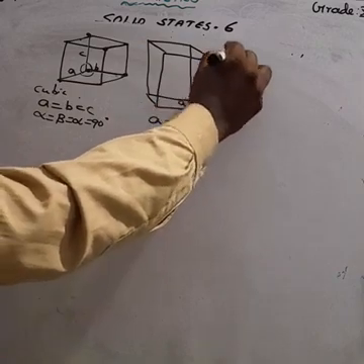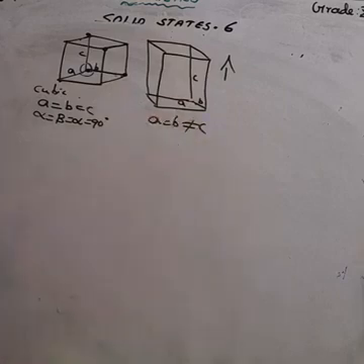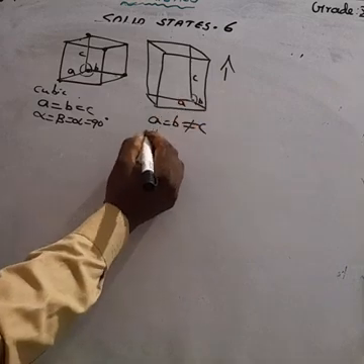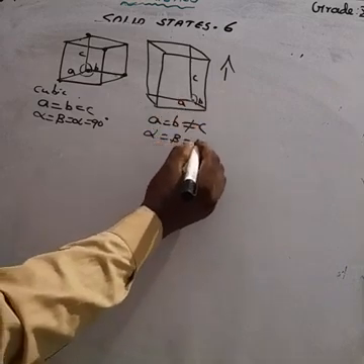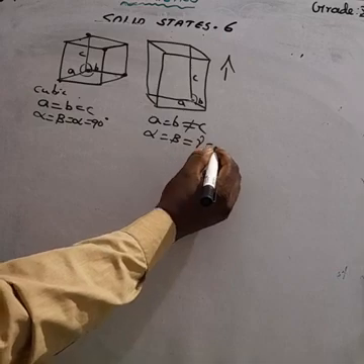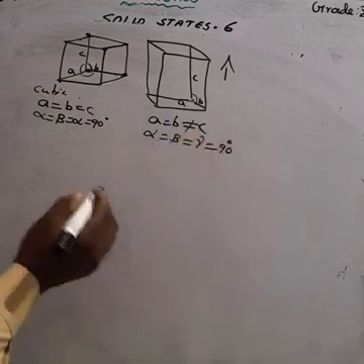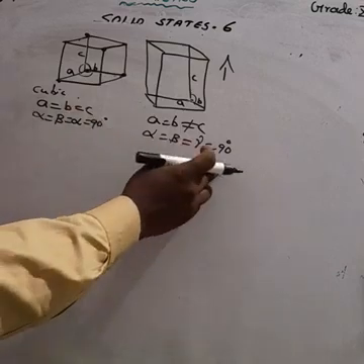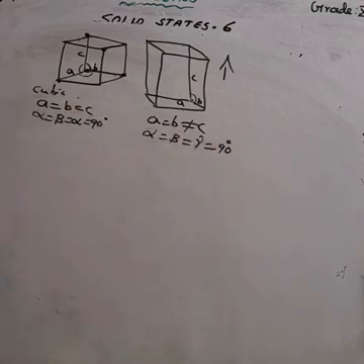So a equals b, b is not equal to c. Alpha equals beta equals gamma, equal to 90 degrees. That is about tetragonal.